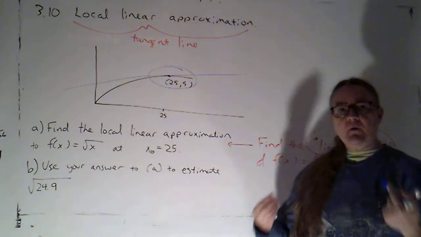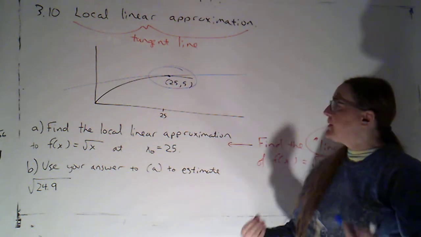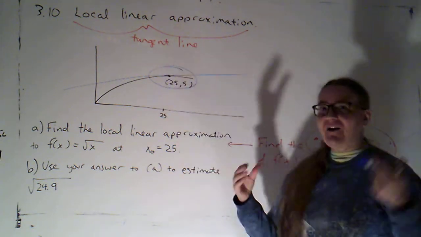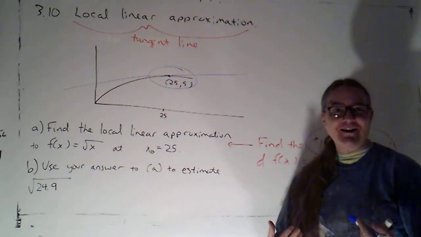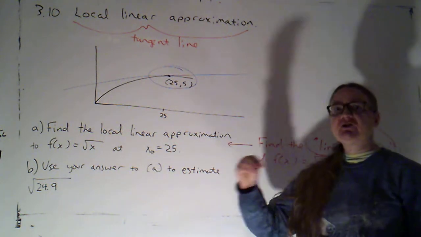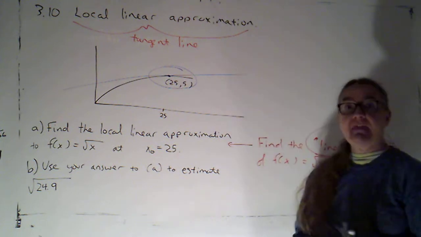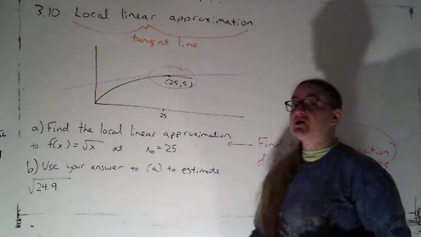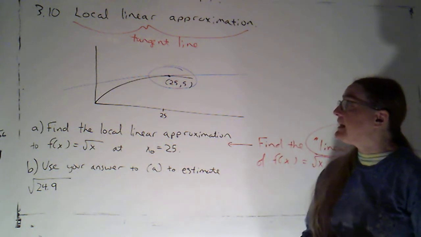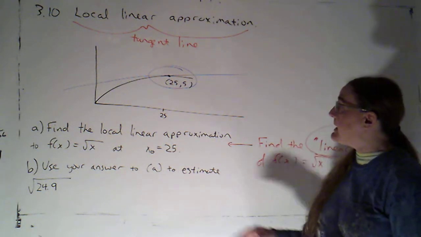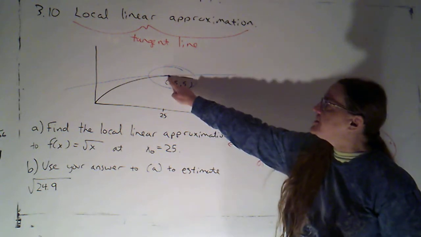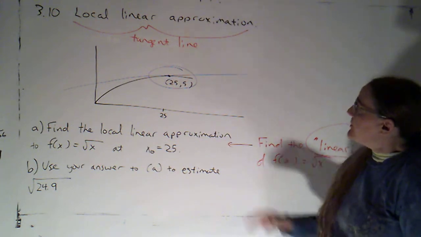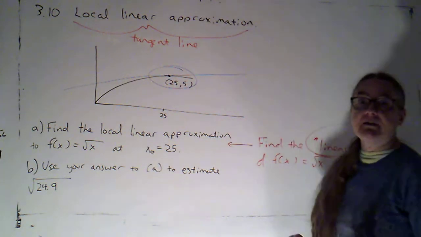If you use a graphing calculator or a graphing program with zooming technology, if you zoom in on the graph of a curve that's differentiable enough, it starts to look like a line. It starts to look like that tangent line. That's because the line is really, really close to the curve. It's doing a good job of approximating what the curve is doing because they have the same behavior just at that particular point. Okay, so we call the tangent line the local linear approximation.